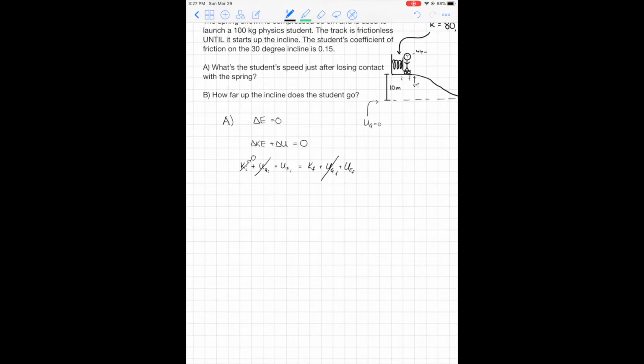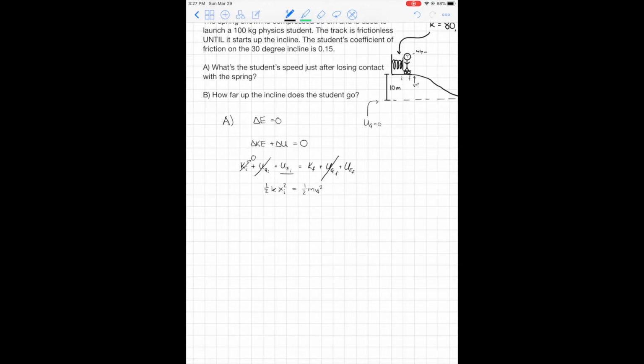But I do have some initial elastic potential energy, right? We've compressed our spring, so there is some 1/2 k x squared here initially. What does that equal to? Well, we're looking at how fast we're moving, so of course there is some final kinetic energy, 1/2 m v squared. We said that our gravitational potential energy is the same before and after, so they can cancel out.